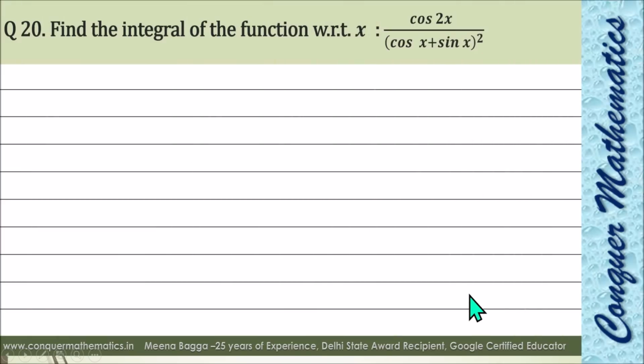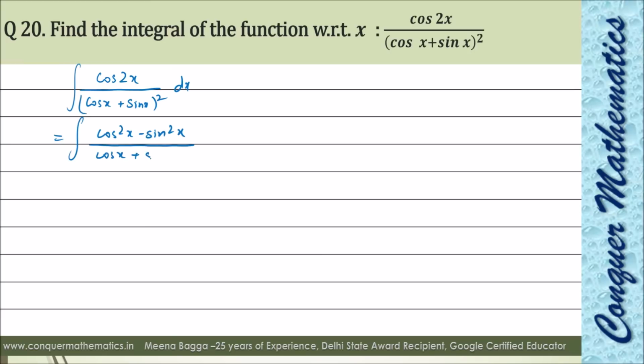What is that? Another way is to use the basic formula of cos 2a. Cos 2x is nothing but cos square x minus sin square x. Right? Basic formula is this.